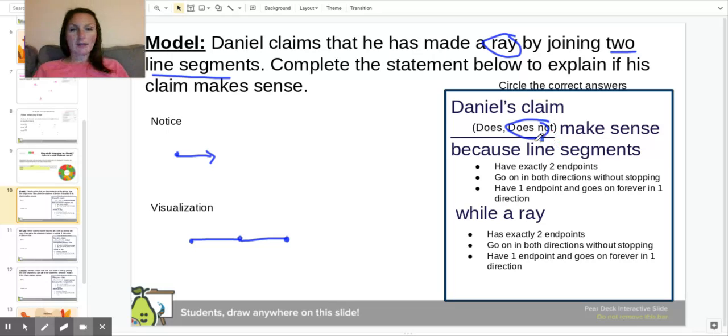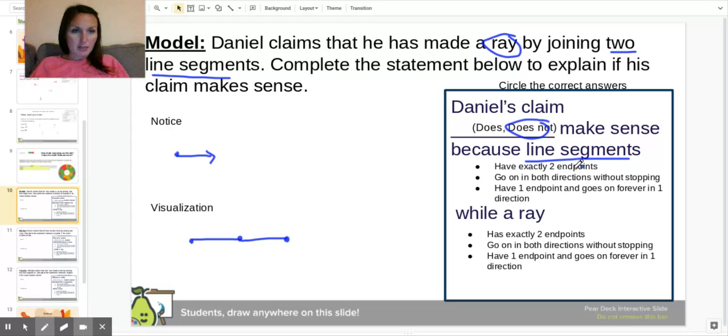Now, why? It says because line segments, what? What do line segments have? Do they have exactly two endpoints? Do they go on both directions without stopping, or do they have one endpoint and then go forever in one direction? Okay, well, this says a line segment. So line segments are like the Power Ranger. Line segment, right?